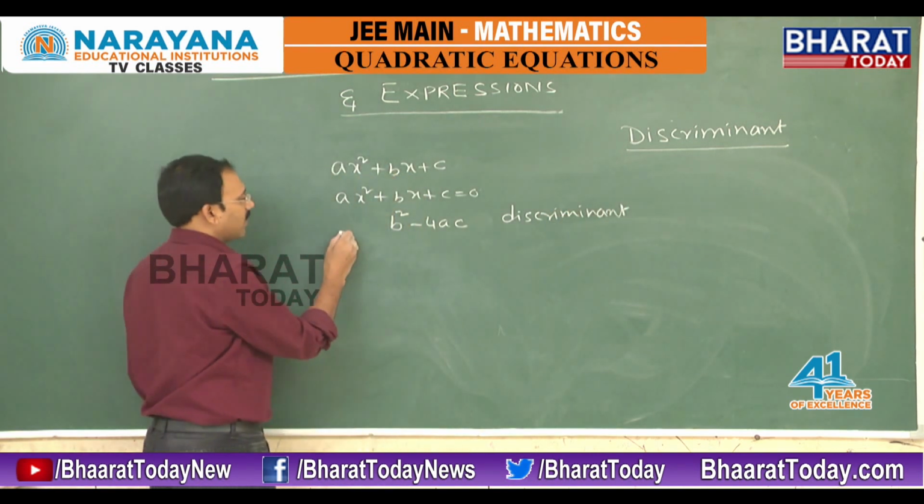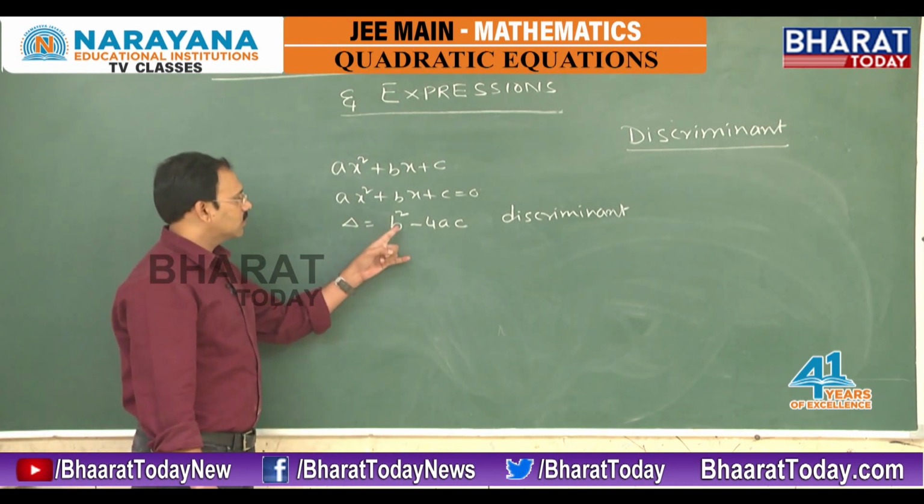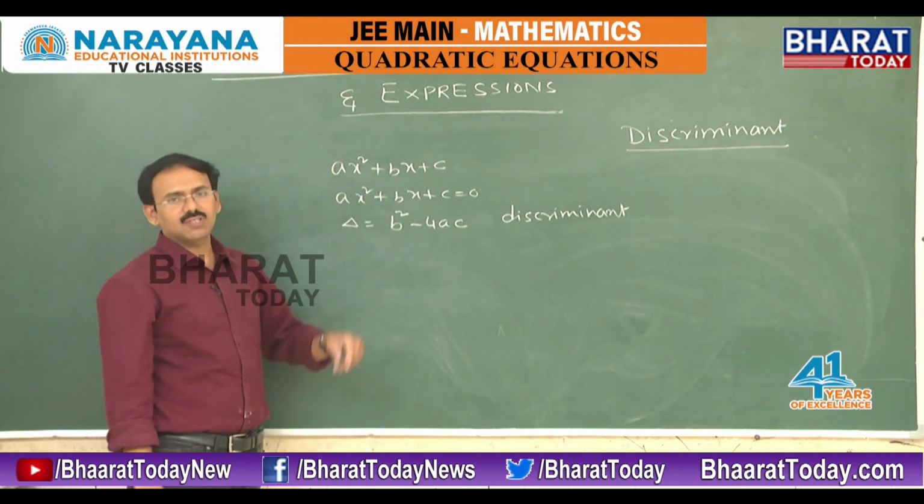Generally it is denoted by delta, sometimes capital D also we denote. So this number is called the discriminant of this expression or this equation.